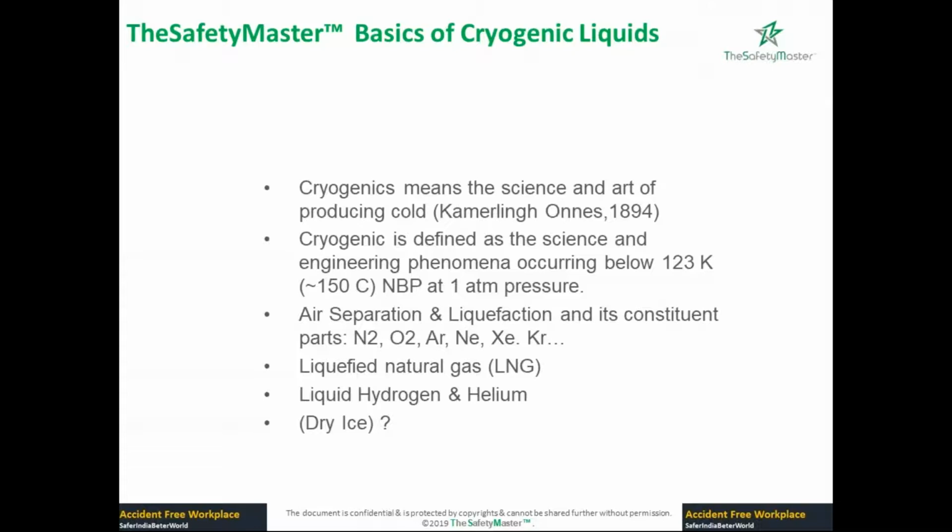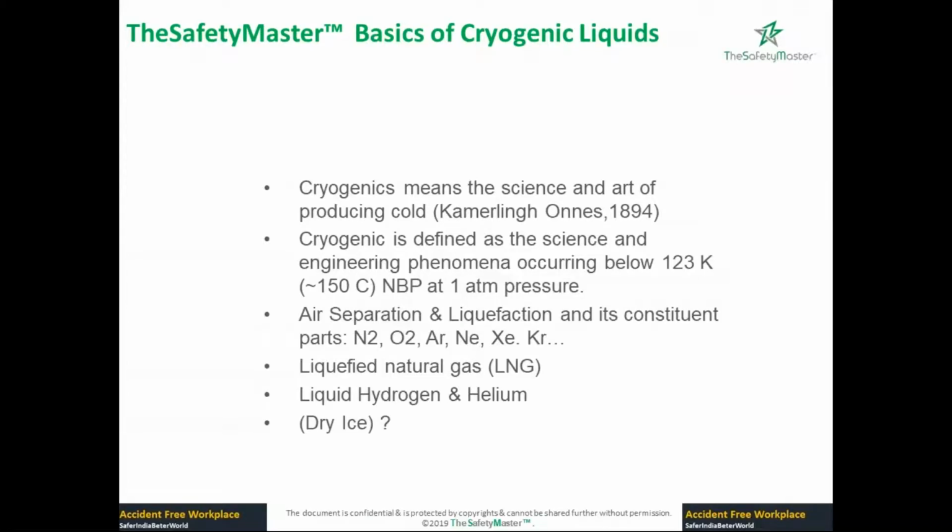All of this is coming from atmospheric air. So we'll focus on the air separation and liquefaction of these gases, and then we look into liquefied natural gas. Some of you who are from the petroleum industry know about liquefied natural gas, which I'm not going to elaborate on. And then we will look into liquid hydrogen and helium, and how they are liquefied.